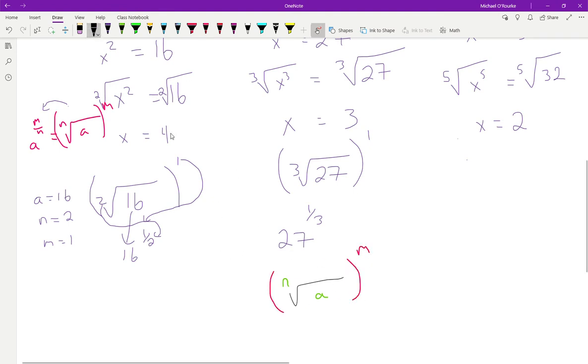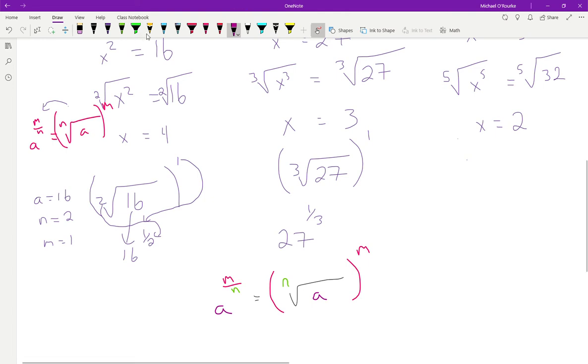Okay? That equals a to the power of m over n. There we go. So everything's color coded now.